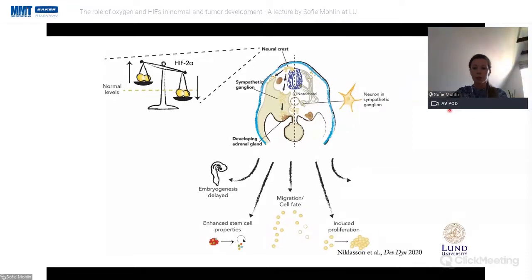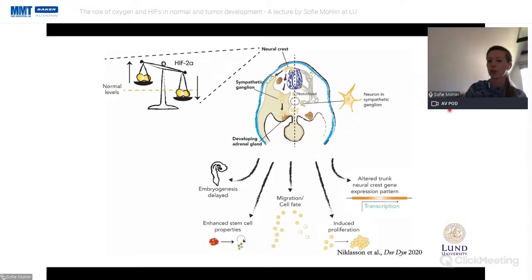We see an induced proliferation, and I didn't show you that. I will in a while, that not only do we have this global change in expression from the RNA-seq, but we also looked more closely into trunk neural crest-related genes, and also there we have a huge effect. And the question now is, of course, how does this relate to tumorigenesis and tumor initiation? And this is something that we are working on.